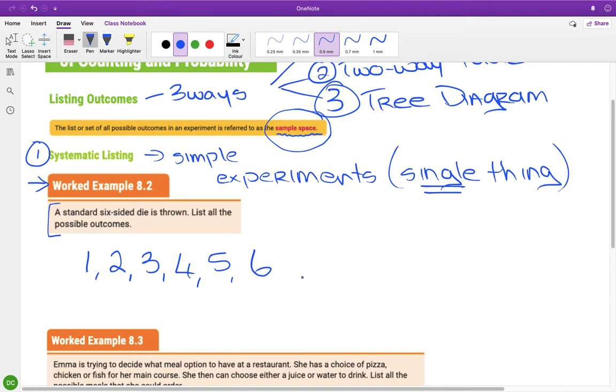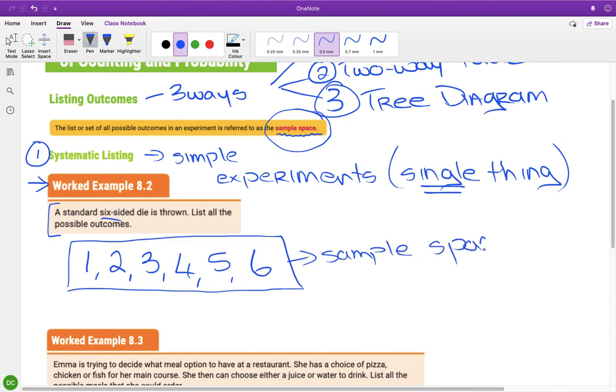So all dice are 6-sided. It says here it's 6-sided. It goes from 1 to 6. No numbers are repeated. So if you're playing a game and you roll a die, what are the possible numbers you could land on? You could get a 1, a 2, a 3, a 4, a 5, or a 6. So what we have created there is a sample space.